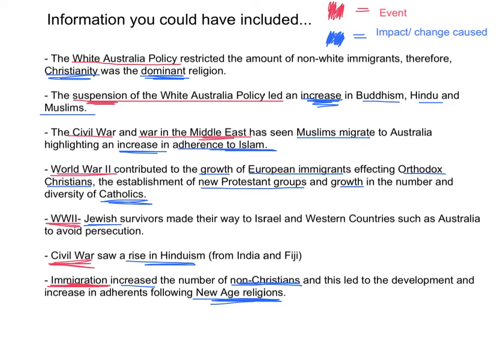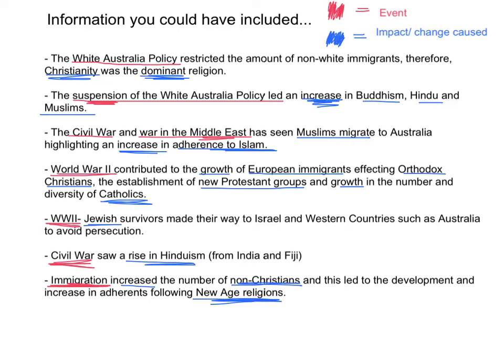Also, the Civil War saw an increase in the number of adherents to Islam, and also a rise in Hinduism as people were migrating from India and Fiji. The war in the Middle East also saw Muslims migrate, and this impacted upon adherence to Islam in a positive manner, that is, an increase in numbers.